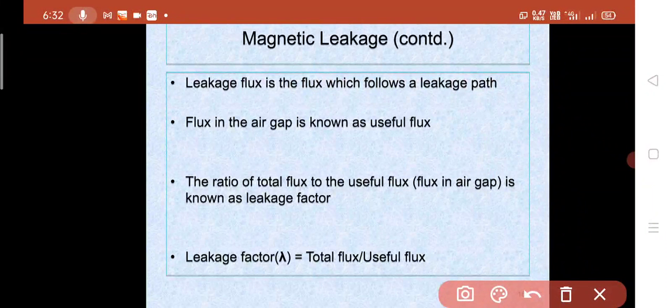Its value is always greater than 1 because the total flux is always more than the useful flux.